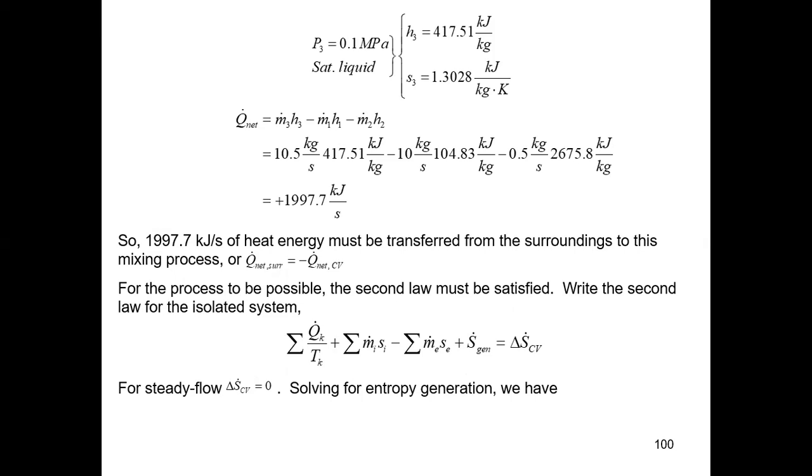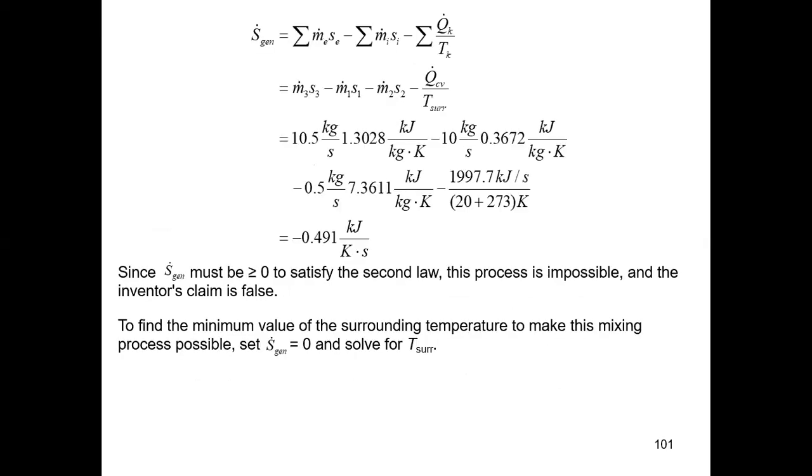The second law must also be satisfied, and this is the second law: for steady flow, delta S of the control volume is equal to 0. Solving, since S dot generated must be greater than or equal to 0 to satisfy the second law, this process is impossible and the inventor's claim is false.